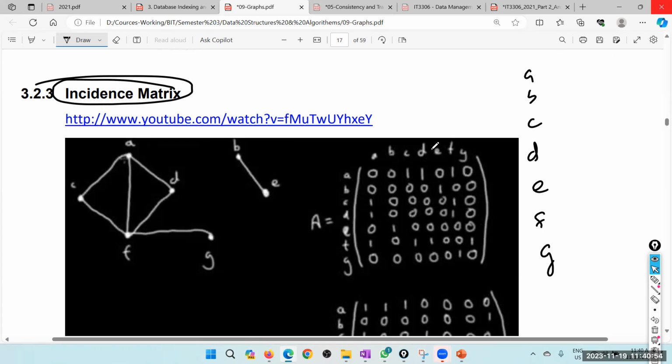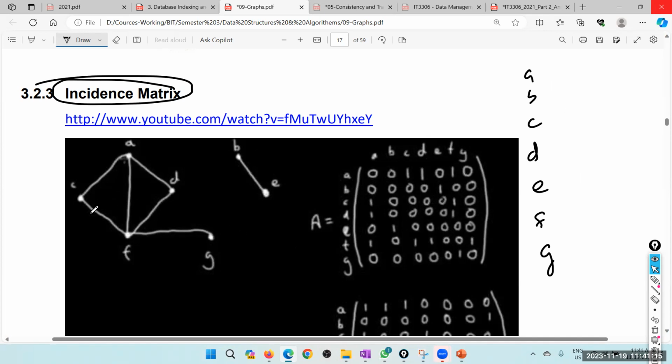Now remember, an adjacency matrix is a square matrix. The number of vertices is the number of rows and also the number of columns. But here, the number of rows is the number of vertices, and the number of columns is the number of edges. So therefore, we have 1, 2, 3, 4, 5, 6, 7 rows.